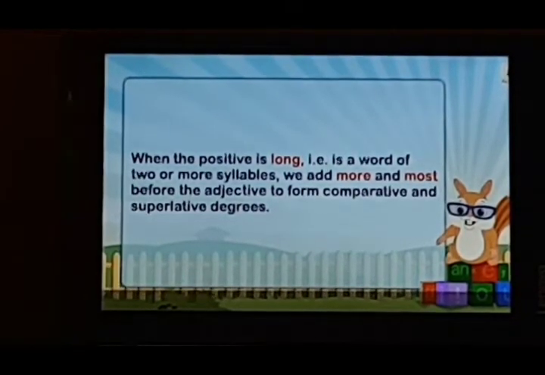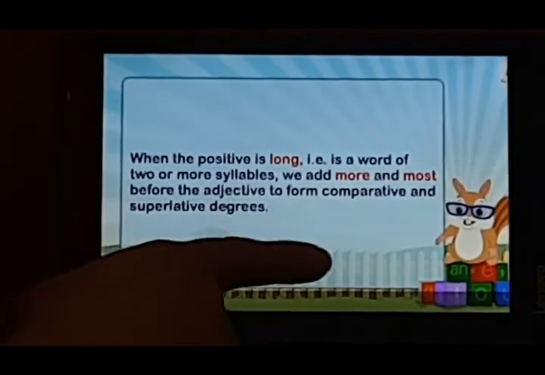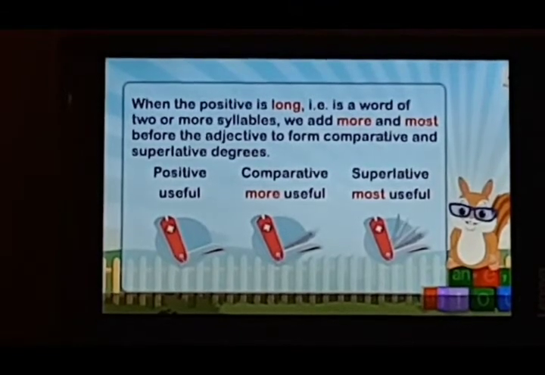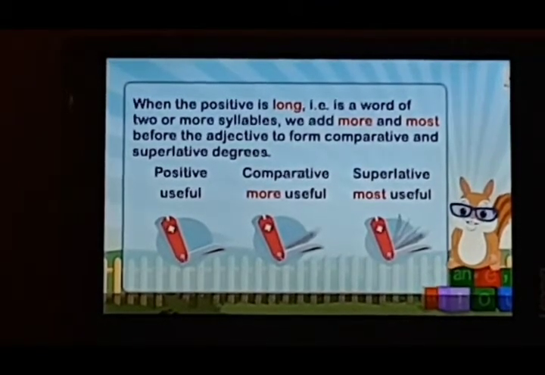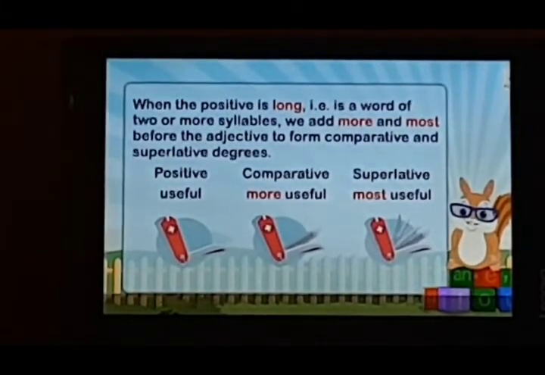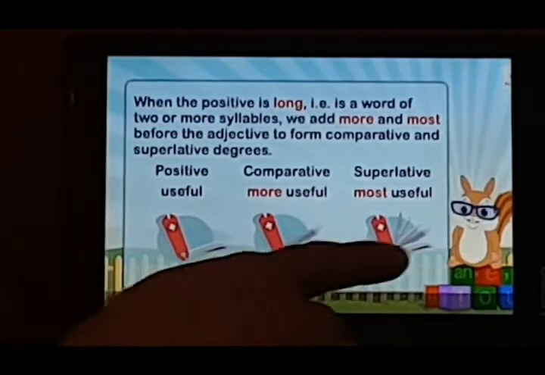Before these words we use more and most before the adjective to form comparative and superlative degree. So for words having 2 or more syllables, mostly we don't use ER or EST with them, we use more and most before them. More for comparative and most for superlative degree.